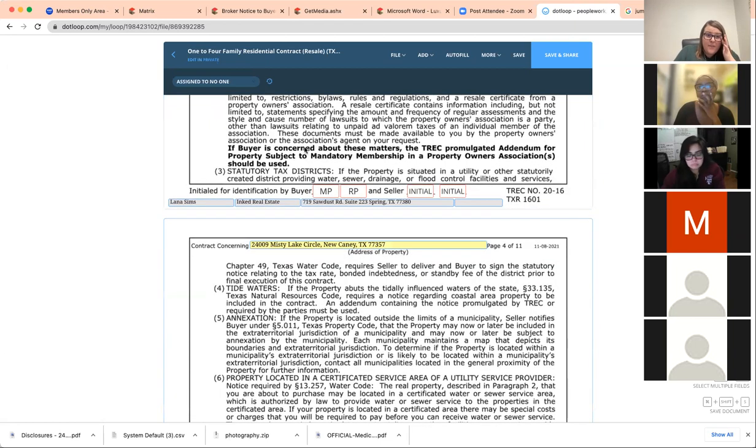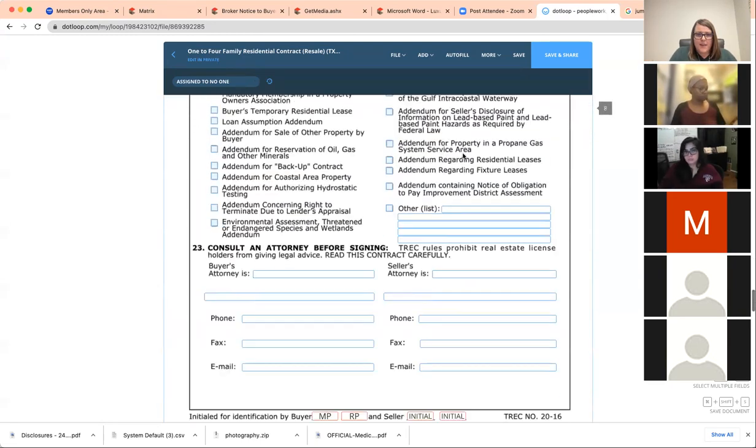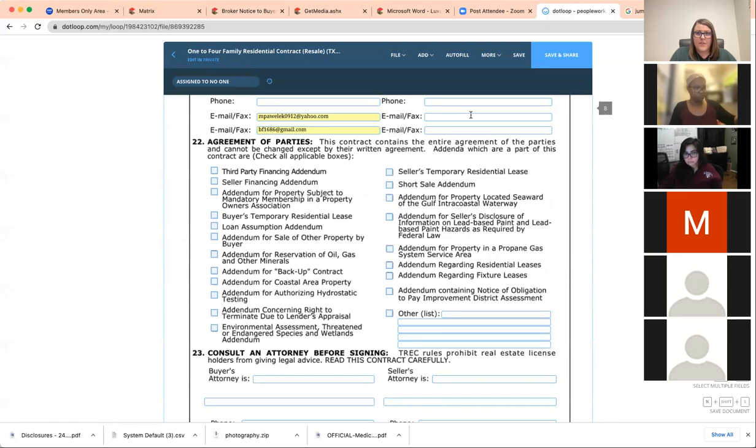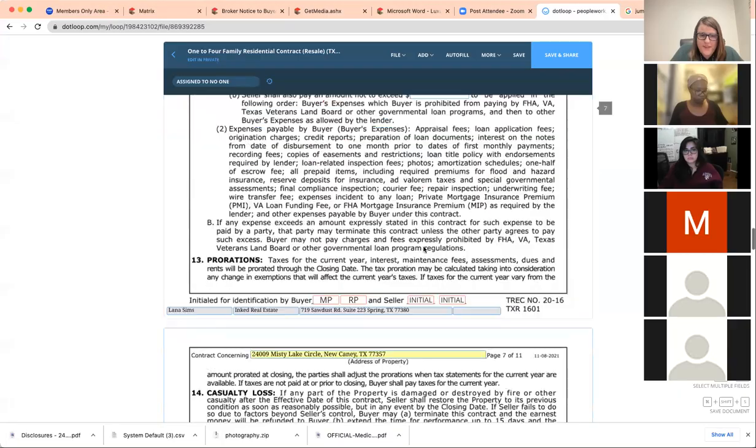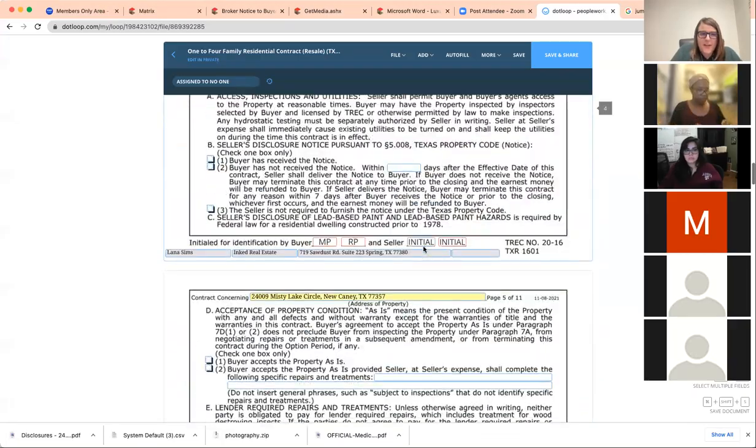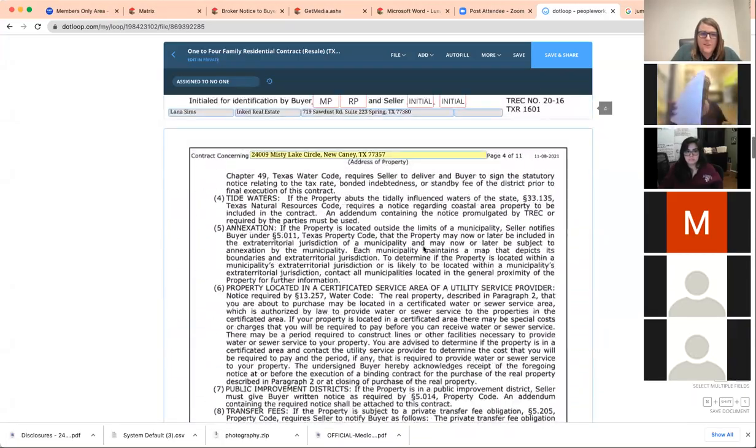I want to reference this number 3, statutory tax districts. If the property is in a utility district, which is a MUD, water, sewer, drainage, flood, it requires the seller to deliver the disclosure. Now, I see a lot of agents reference the MUD down here on section 22, and you don't have to do that because it is literally right here under number 3.